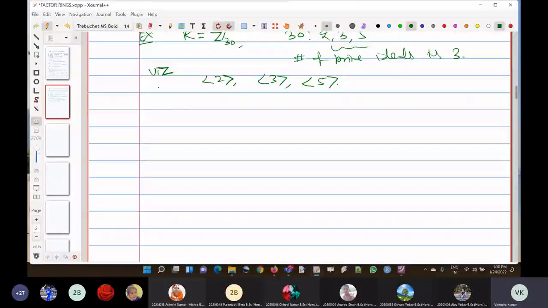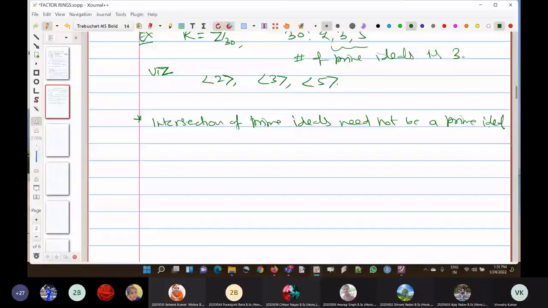But one thing is clear by example: the intersection of 2 prime ideals need not be a prime ideal. Intersection of prime ideals need not be ideal.